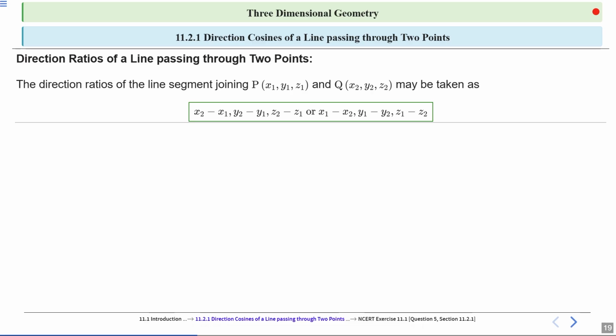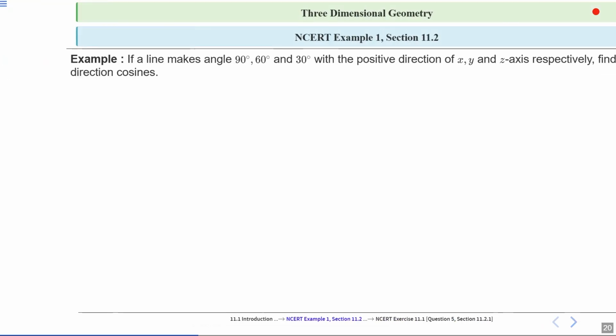So the direction ratios of the line segment joining P and Q are x2 minus x1, y2 minus y1 and z2 minus z1 or x1 minus x2, y1 minus y2 and z1 minus z2.